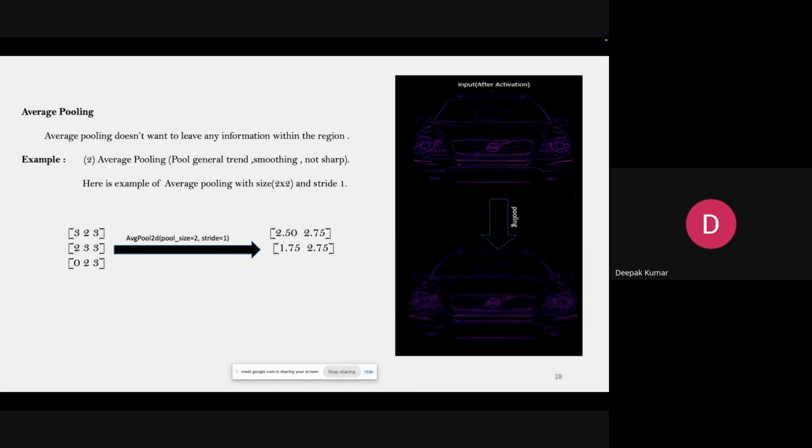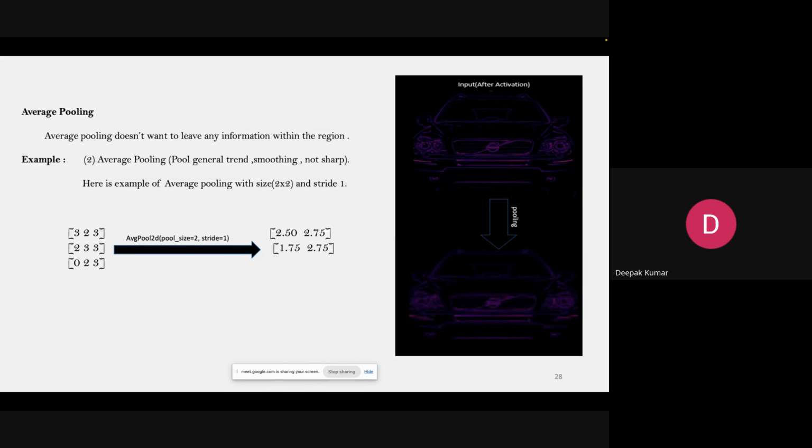Max pooling is especially useful in object detection and is usually used in most cases. But if we want to develop the network backbone, which can help extract the general features from the image, in that case average pooling is very useful.